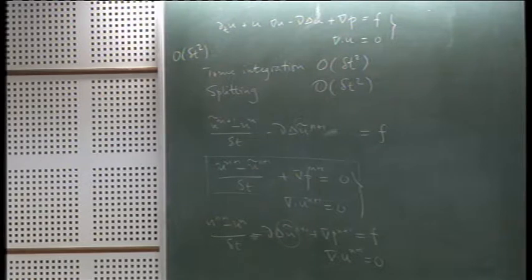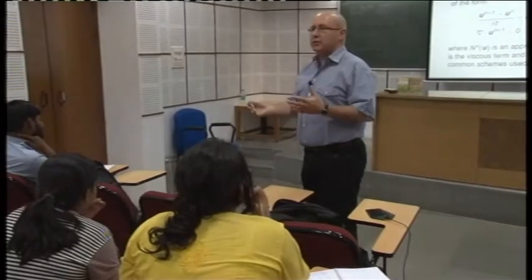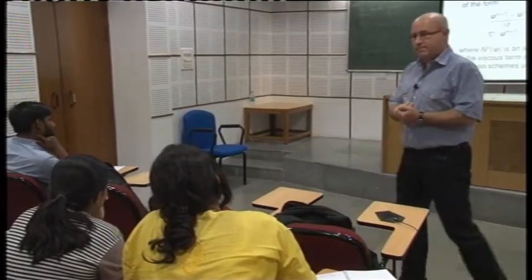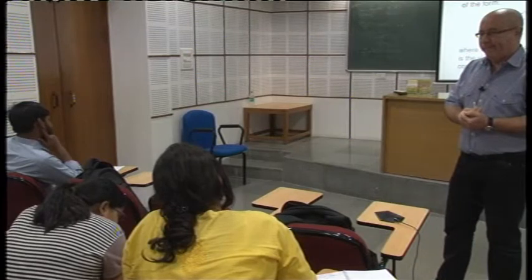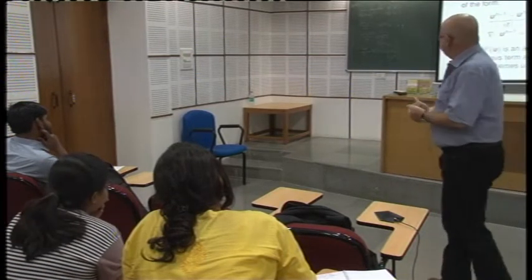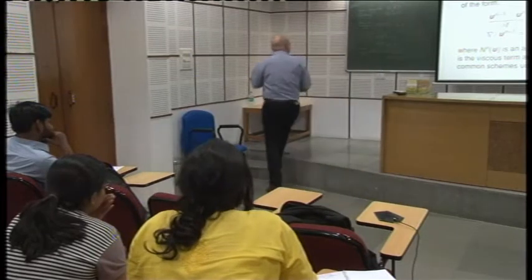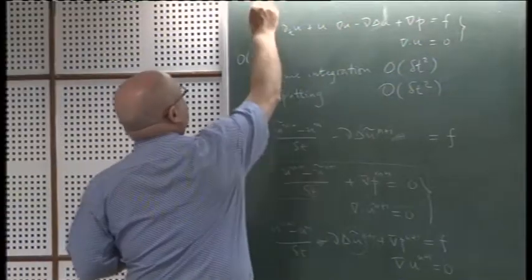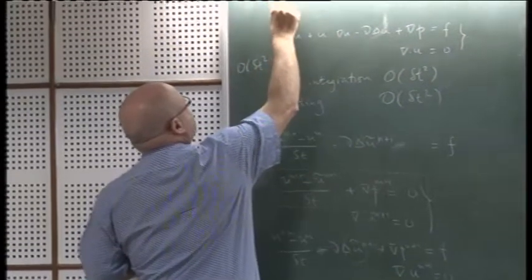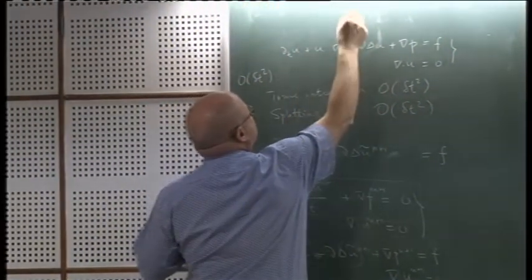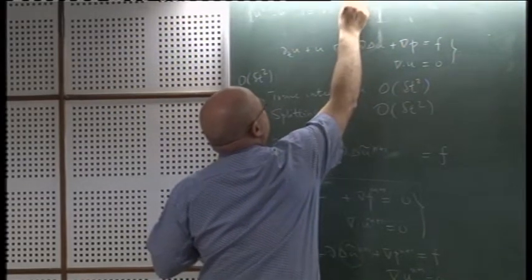You are close to the solution. How do I have to add or subtract? Okay, you are almost there. So u^{n+1} minus u tilde^{n+1} is going to be delta t times something, and I want this to be of order delta t.